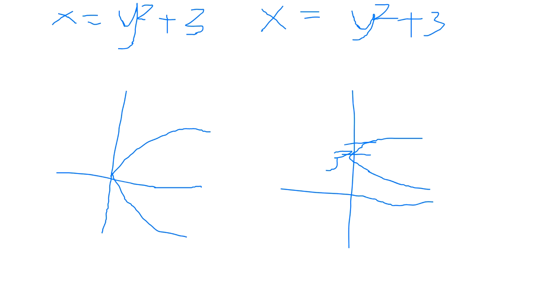Yeah, it is x equals y squared plus 3. Oh, okay, there's two brackets. Okay, I understand you. If this is the original graph, it's going to go like this, where here will be 3, then it will be like this. Is that clear?